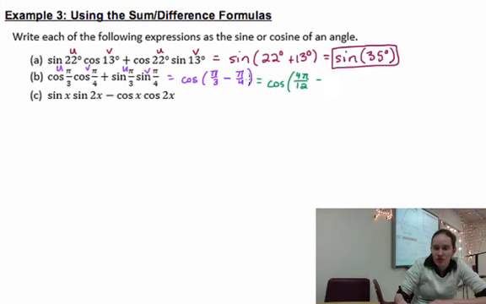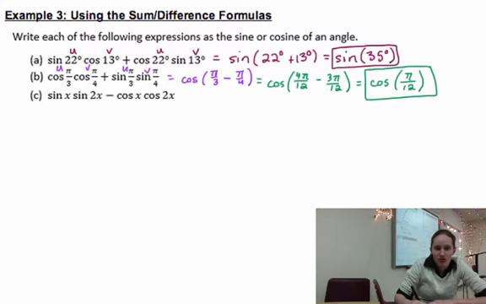For this to be a 12 on bottom, we have to multiply by 3, so that's 3 pi over 12. We're subtracting, which means that we get cosine of 1 pi over 12, and that's our answer. Because we don't have that value on our unit circle, we just leave it alone.